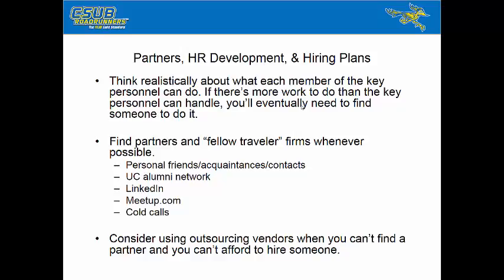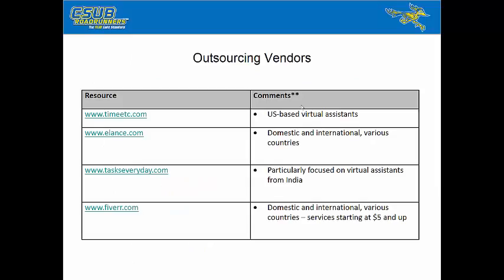And then there's another source that I wanted to give you guys some information on here. There's some really nice third-party outsourcing vendors that are available these days. Elance, Tasks Every Day, Fiverr. There's some other ones as well. These are all websites where you can basically go and find somebody who's willing to do something for $5.